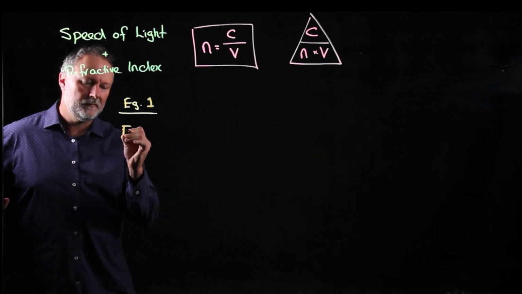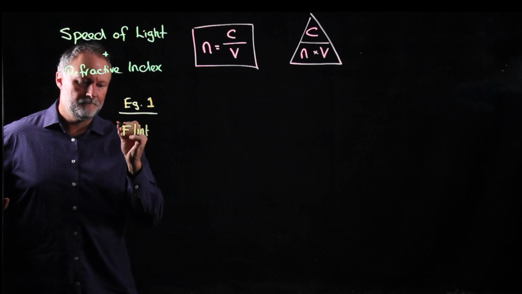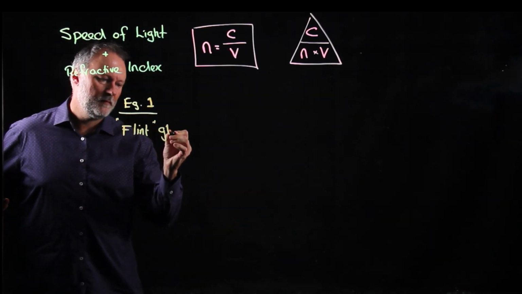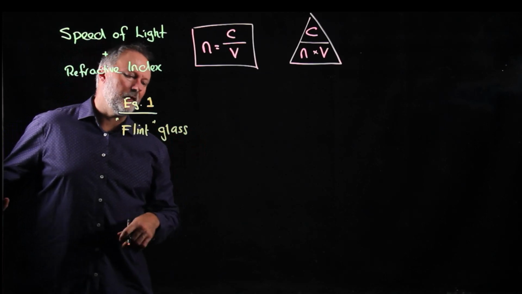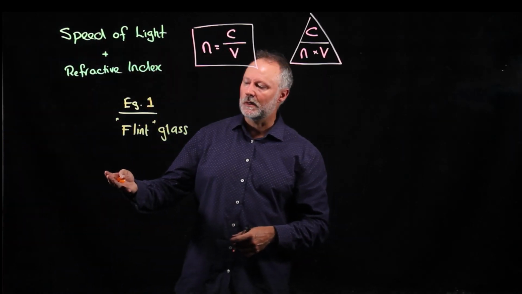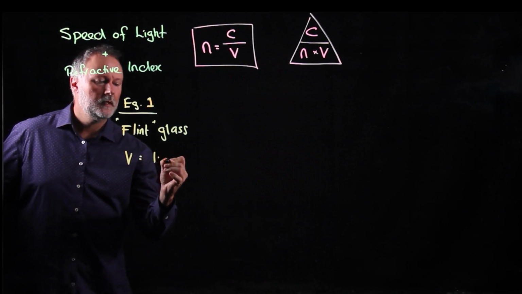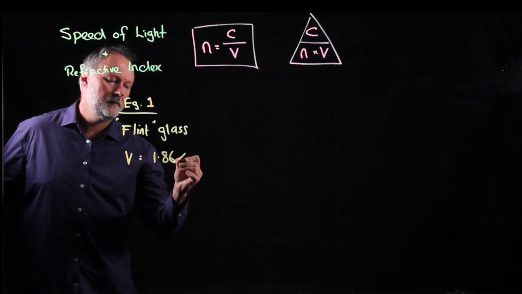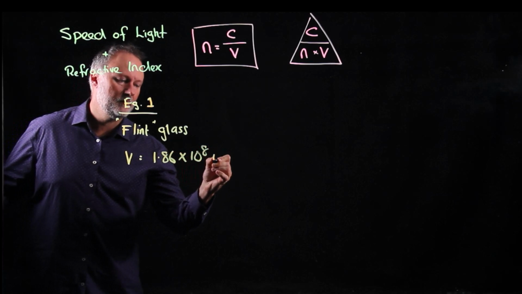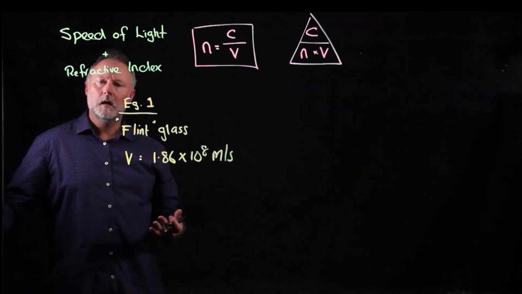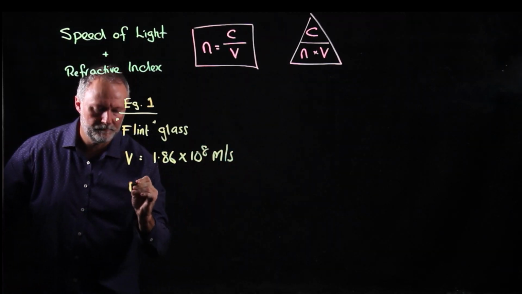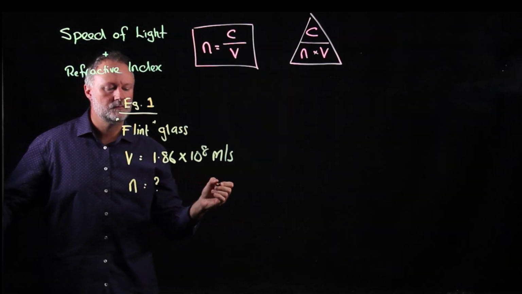Let's consider flint glass. Now, flint glass is a special glass. The speed of light in flint glass is 1.86 by 10 to the 8 meters per second. And we're asked to calculate its refractive index.